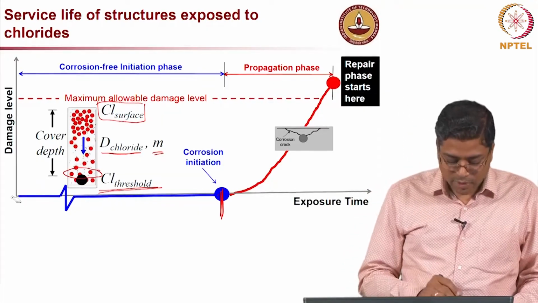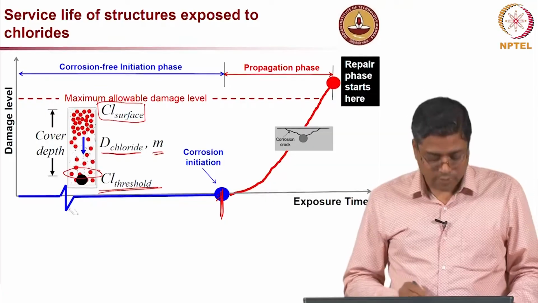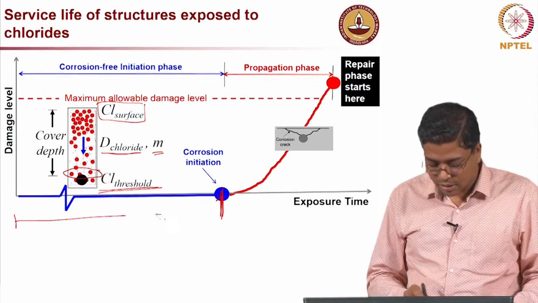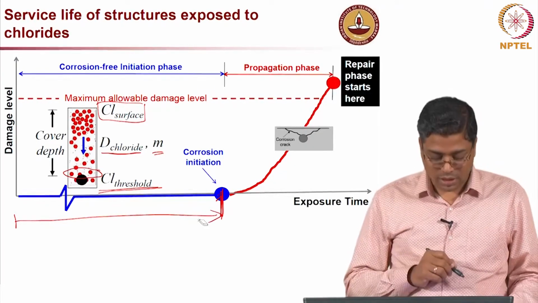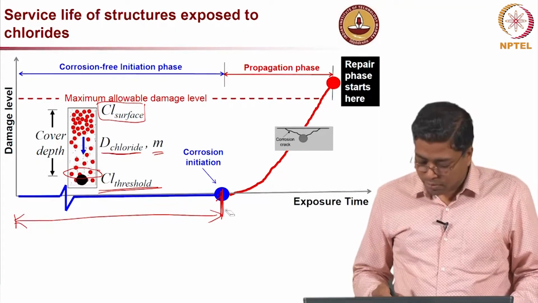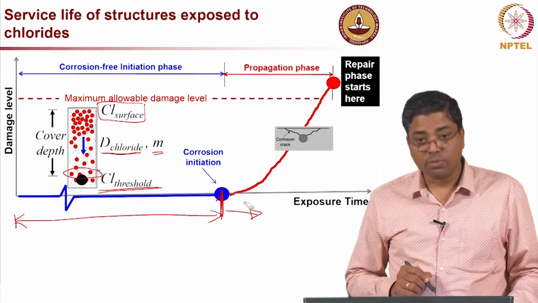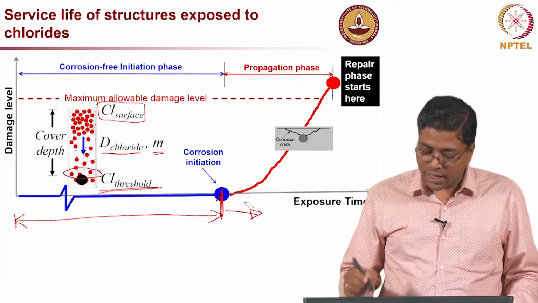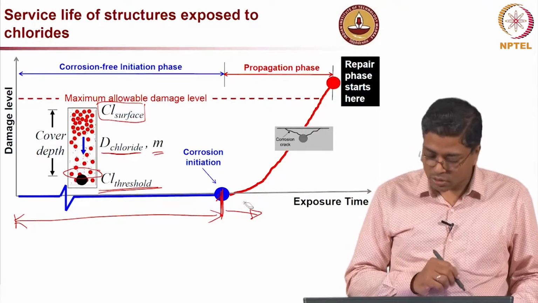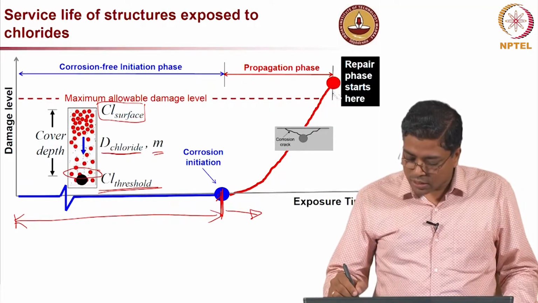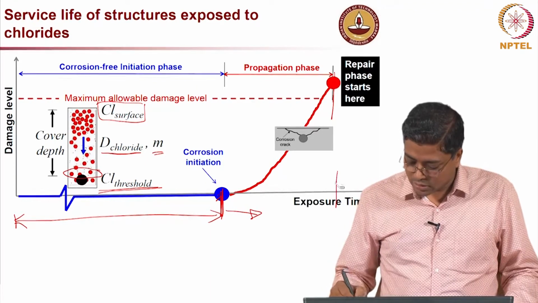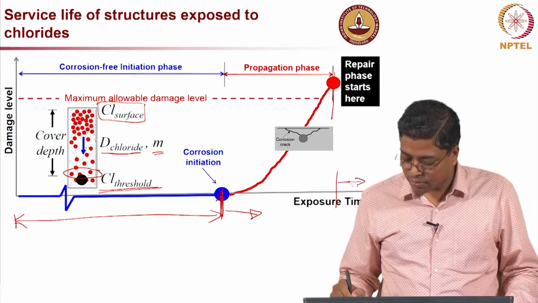Now, the time from the beginning until this point, we can say, is the corrosion initiation time, and beyond that we can say it is the corrosion propagation period. Again, as we discussed in the carbonation induced corrosion case, we start doing the repair work right here. So, this is where our repair phase starts.